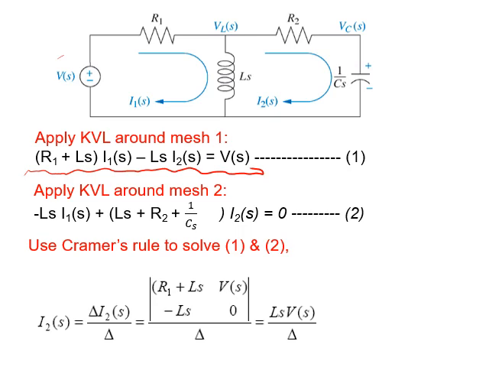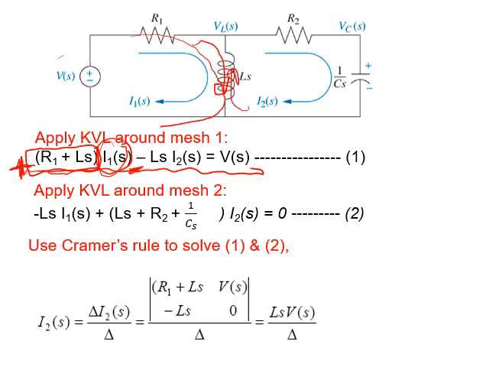Easily we can say we are going to find the total impedances in loop 1, multiplied into I1. This is positive. Now minus whatever impedances between I1 and I2, meaning the impedance which links the two loops, which has two currents in it, because in this impedance we have I1 down and I2 up.